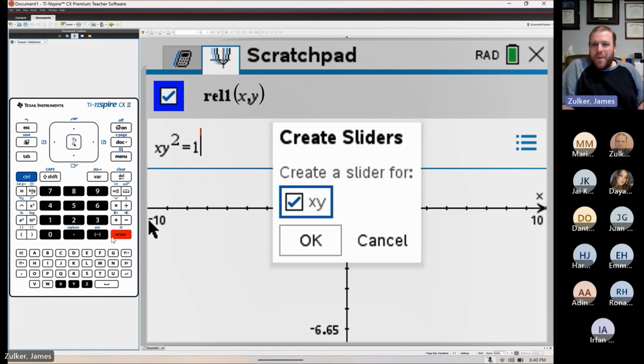Now, the calculator does know PEMDAS. It does have to do with multiplication. And so you were really close.